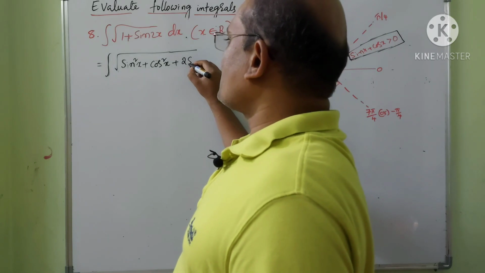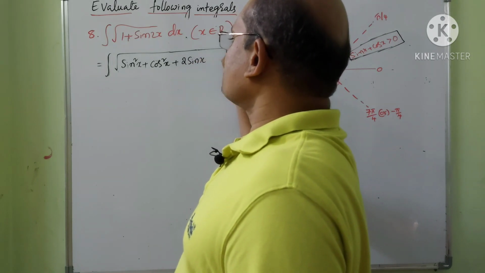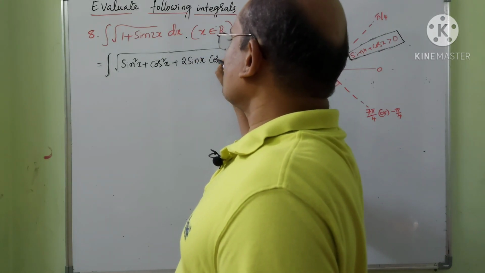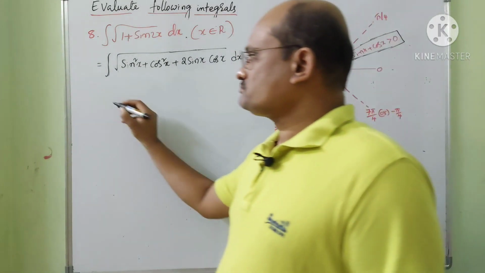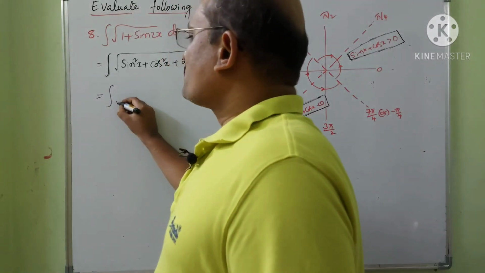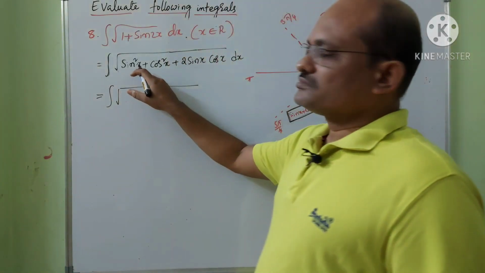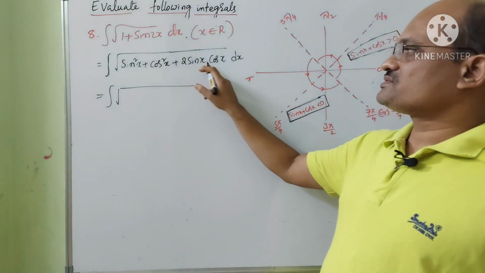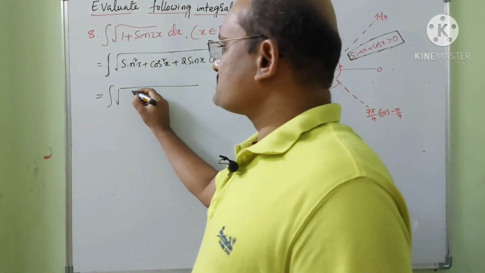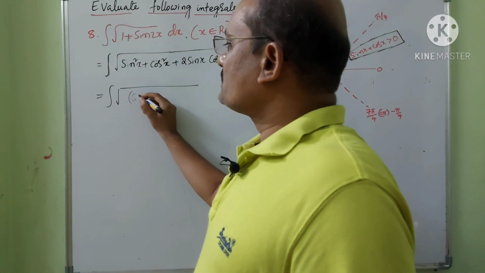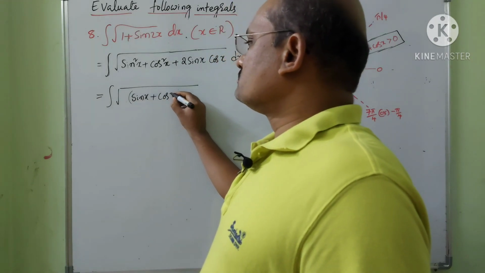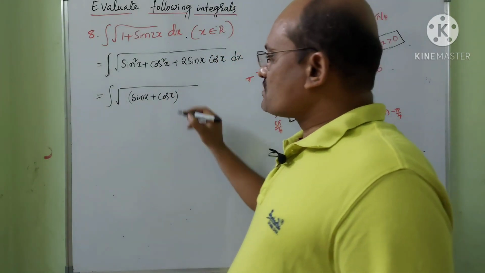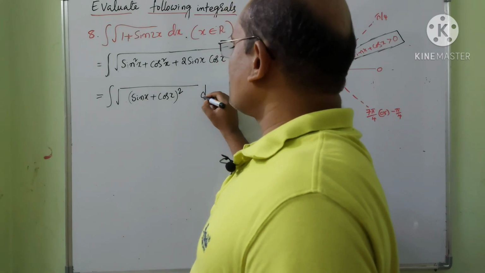Sin 2x can be written as 2 sin x into cos x dx. Because inside of the root we have sin square x plus cos square x plus 2 sin x cos x, it can be written as sin x plus cos x whole square dx.